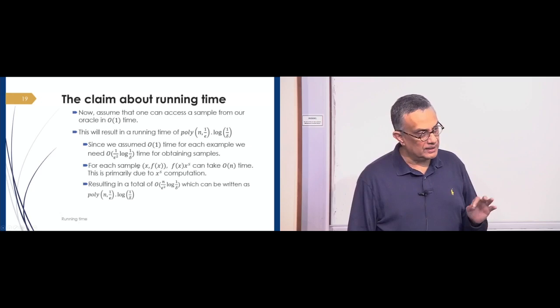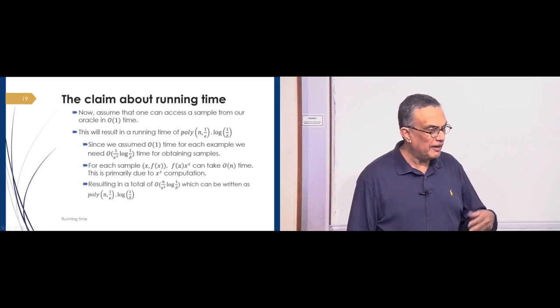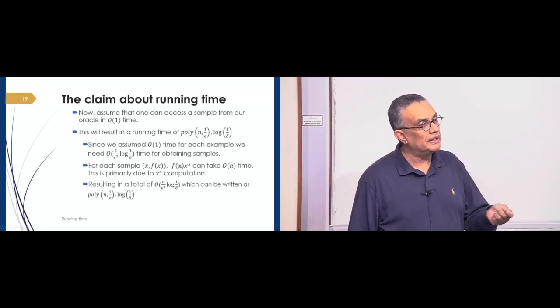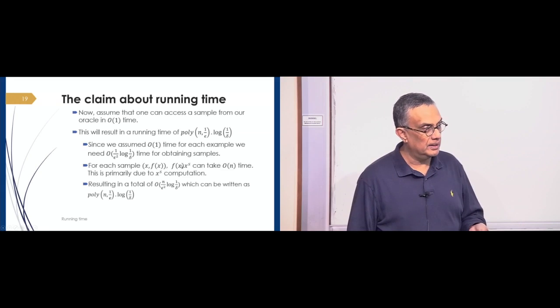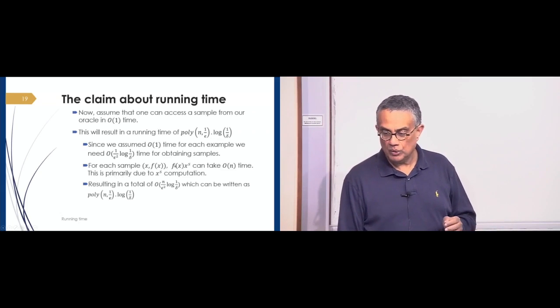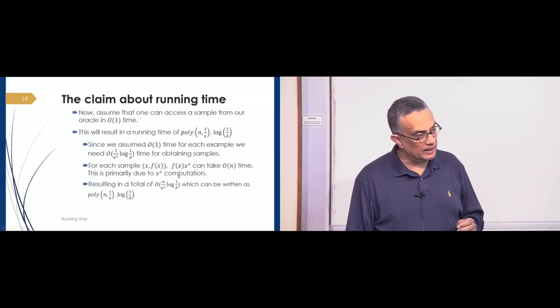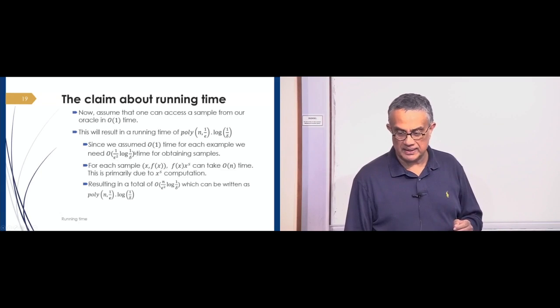For each such example, (x, f(x)), computing f(x) times x sub s can take linear time, something you can easily work out, because f(x) takes practically no time since it's given to you, but multiplying it by x sub s is linear time. So it takes linear time for each of these many examples.